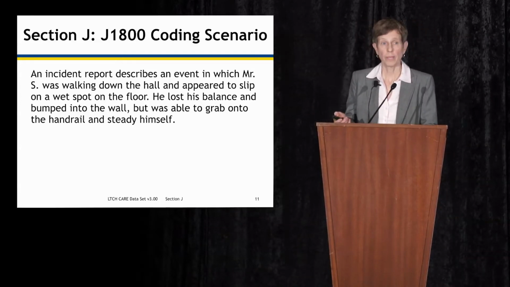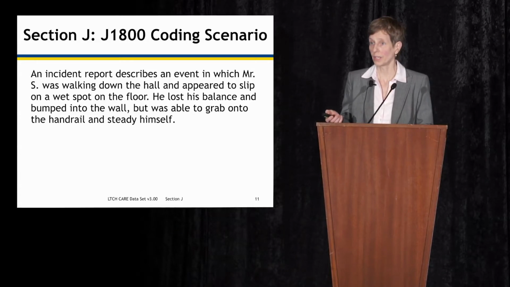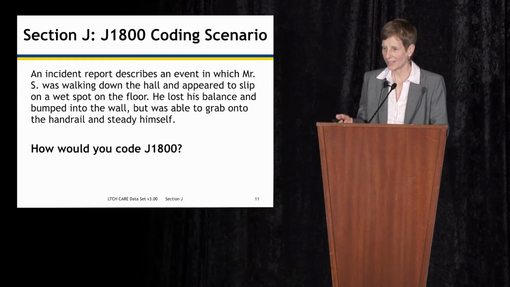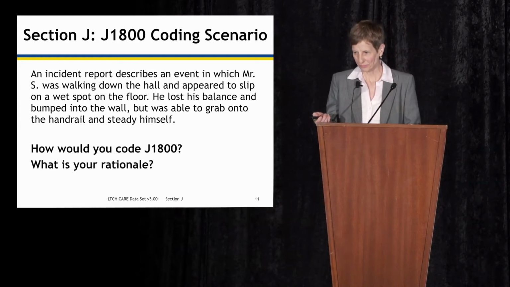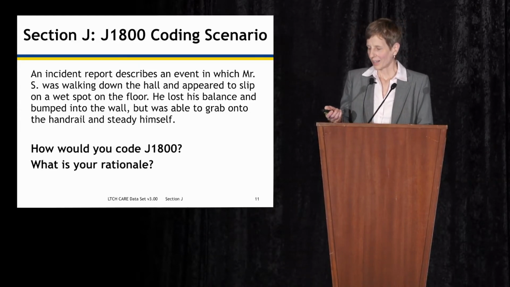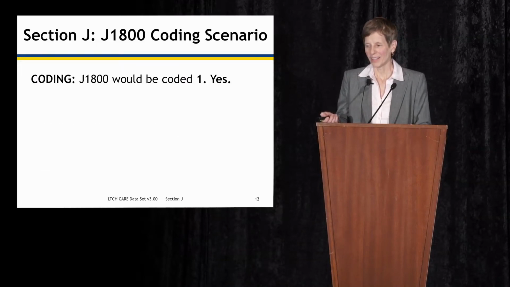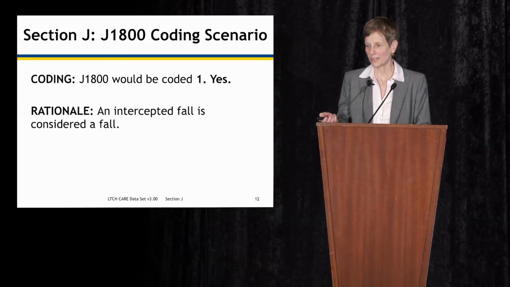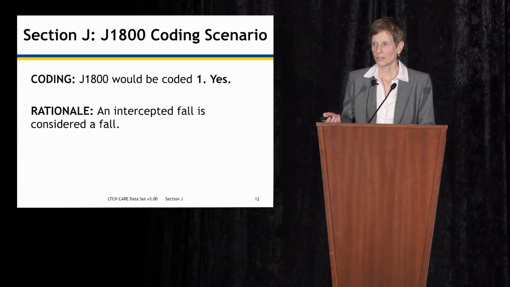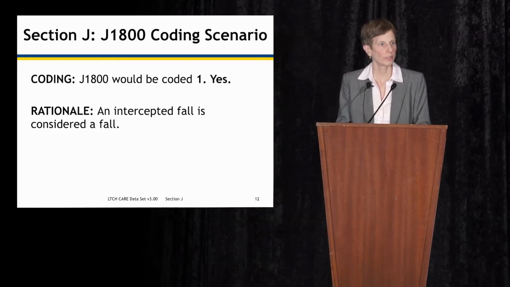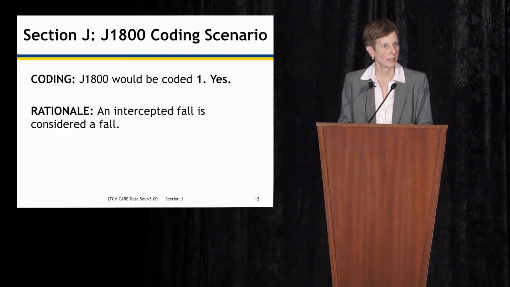I see kind of a mixed response rate here, a lot of 1s, and 1 is the correct answer. You would answer yes, there was a fall, because an intercepted fall is considered a fall. Does that make sense to everyone? Okay.